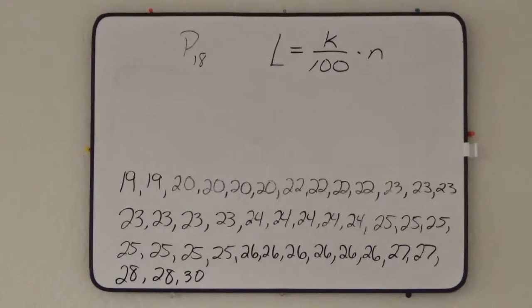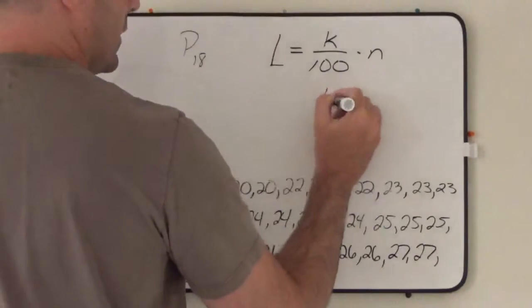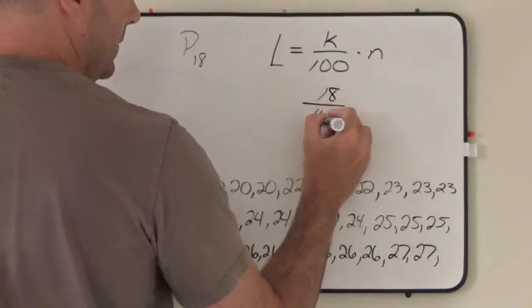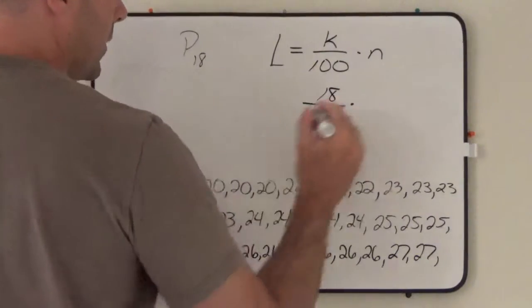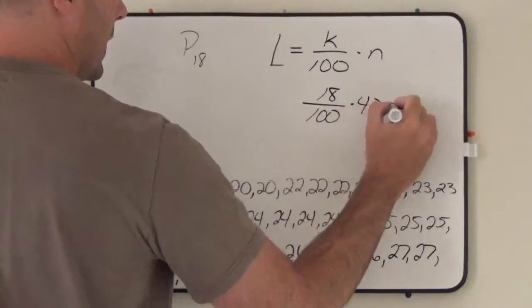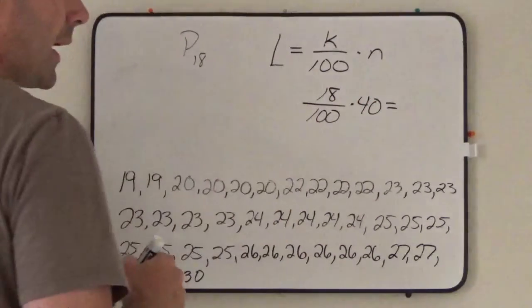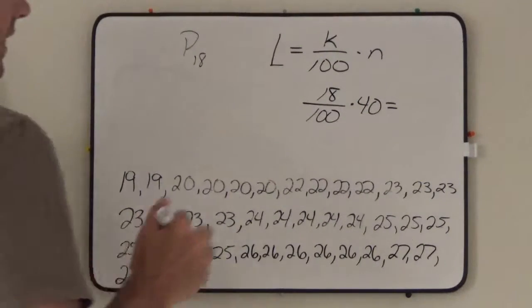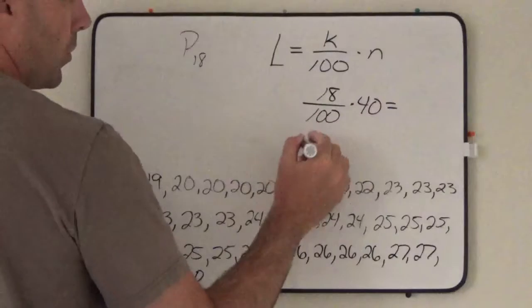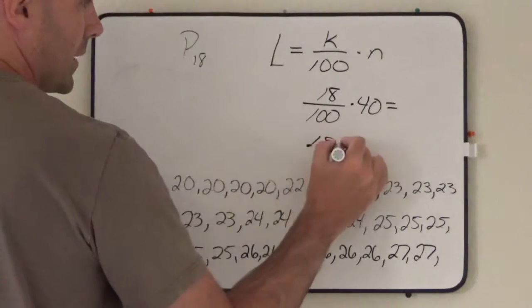So basically when we plug this in, that's going to be 18 over 100 times the total number of data points, which is 40. When you solve that, you'll divide 18 by 100, then you'll multiply by 40. Just so you guys know, this is 0.18 times 40.